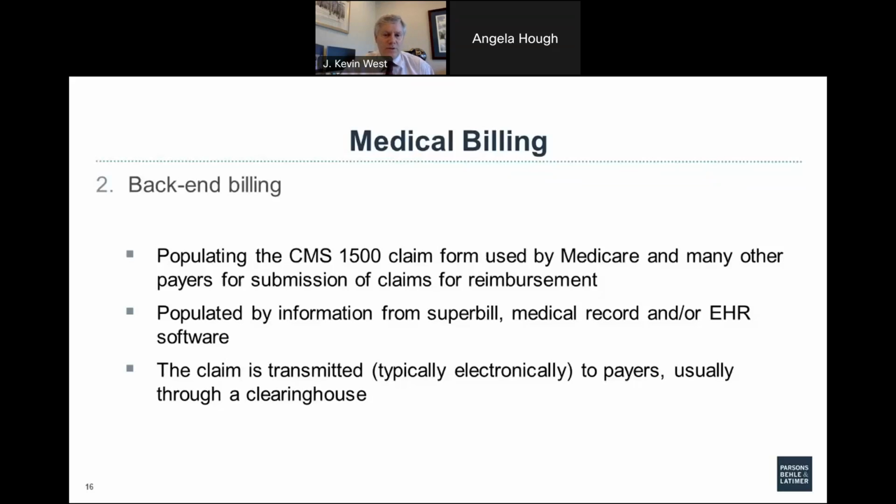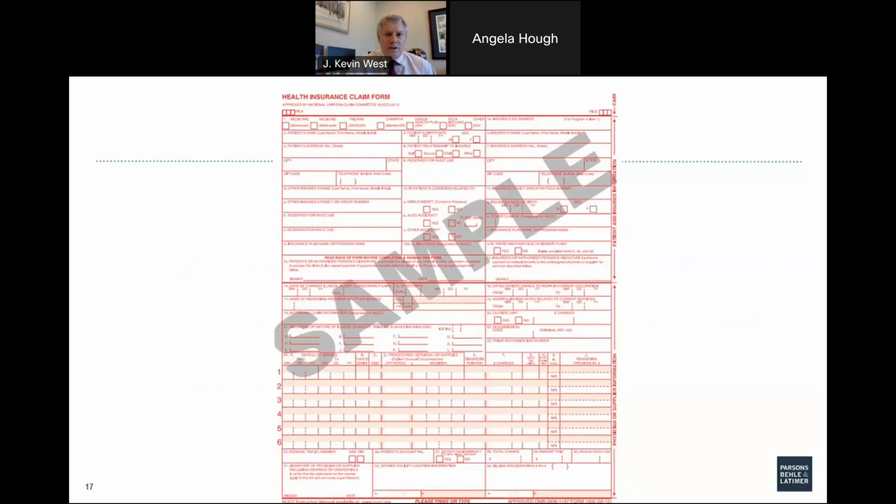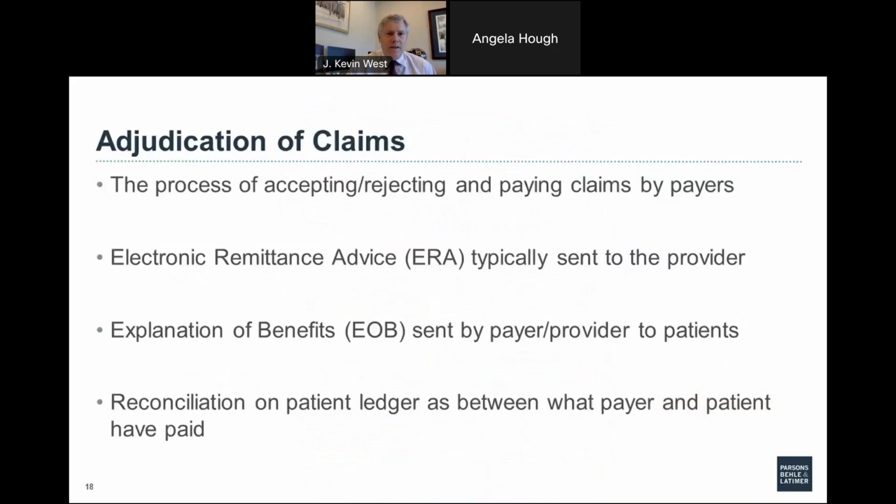And then once it is fully populated, that claim form is transmitted, again, typically electronically today, to the payer, usually through a clearinghouse. And that's an important entity involved in the process that's kind of back behind the scenes. So again, here is that claim form that is so important.